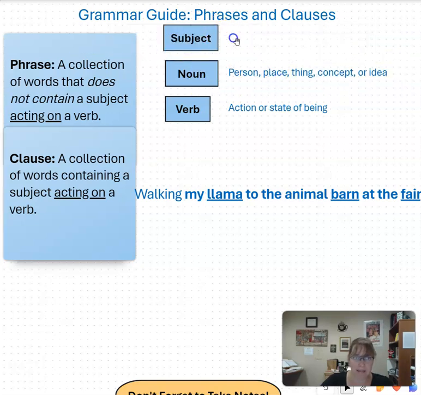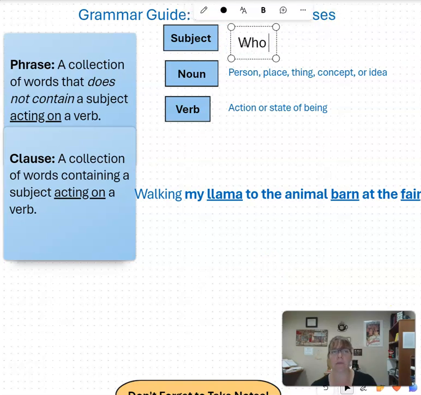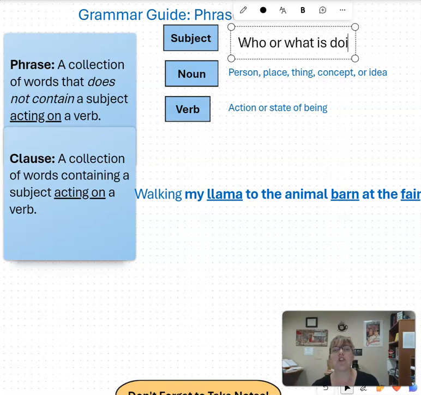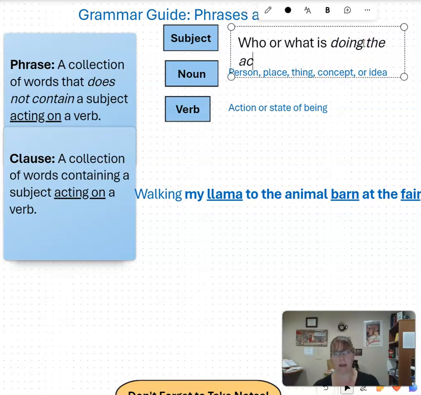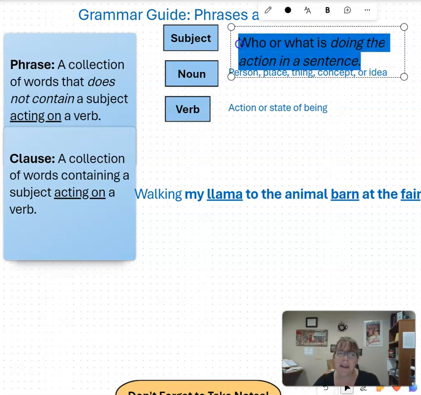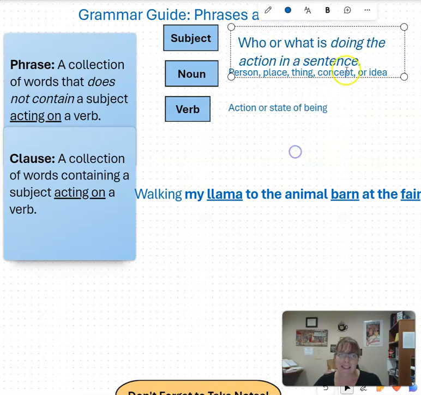Yes, but a subject is who or what is doing the action in a sentence.